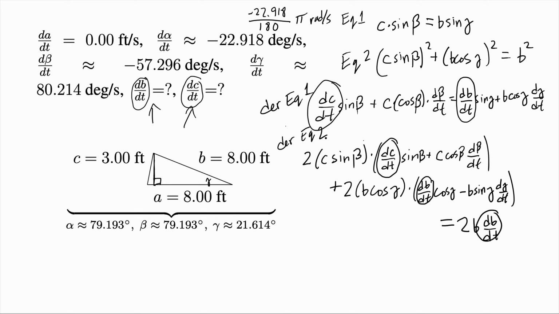For kicks, I'll just make names for things to make things simpler. This part right here, I'm just going to call capital A. Capital A is just that number right here. We're multiplying it to this whole set of parentheses, times dc/dt.